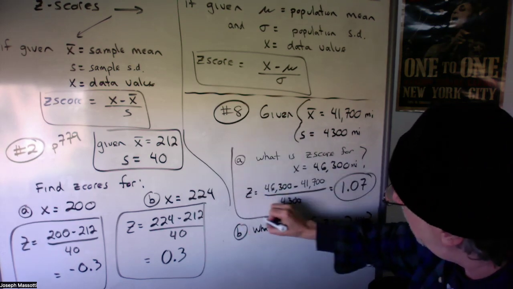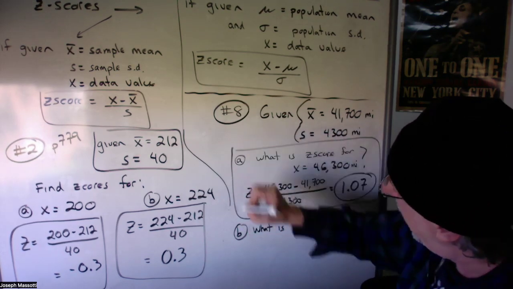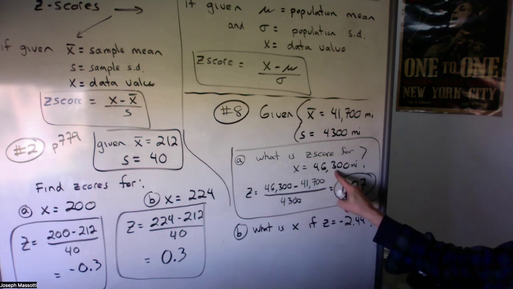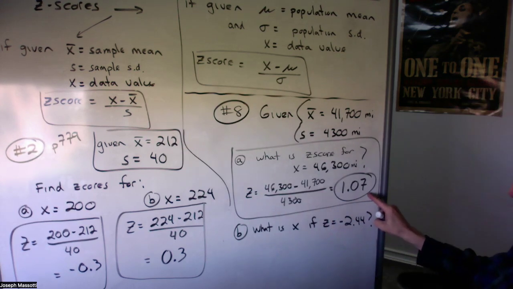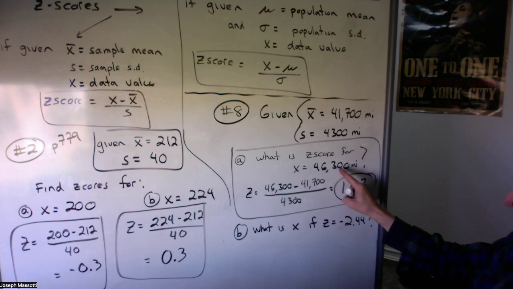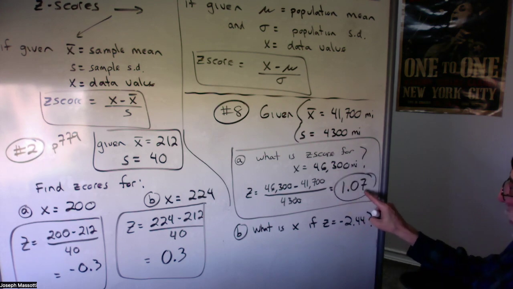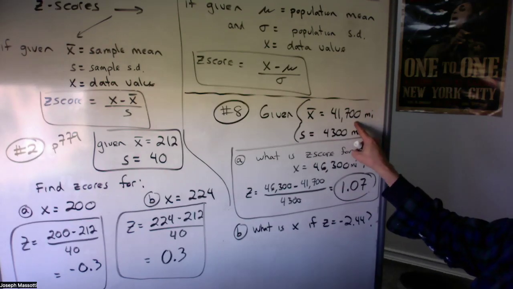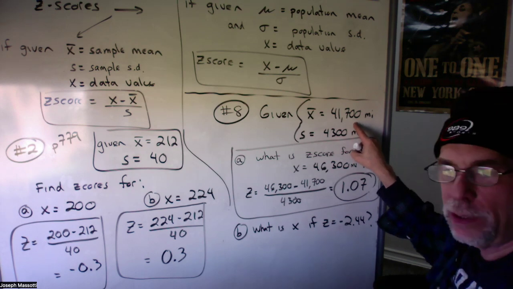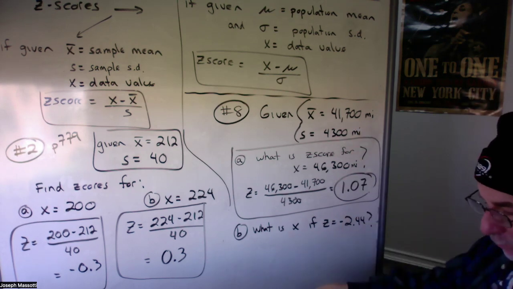So that is the answer to part A. You just take the value given, use the z-score formula. So what does this tell us? This tells us that if our tire lasts 46,300 miles, that is 1.07 standard deviations above the mean of that sample data set.